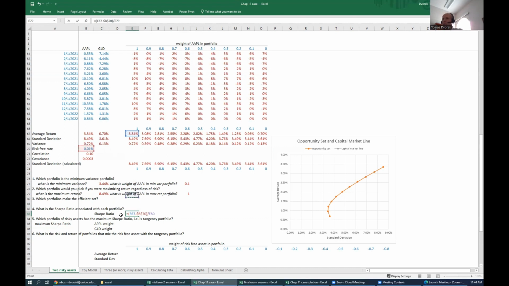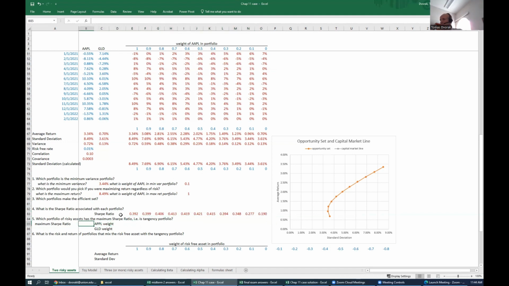Divided by risk. It's then measured by standard deviation. So the Sharpe ratio for the 100% Apple portfolio is 0.392. We can copy that all the way here, Control R, to get the Sharpe ratio associated with each and every one of these portfolios.